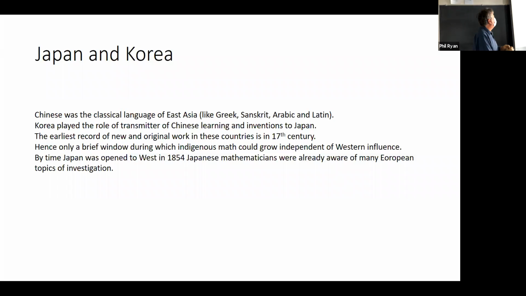A similar thing happened in Japan and Korea, although there, in Japan and Korea, they were strongly influenced by Chinese. So in East Asia, Chinese was like Greek in the Hellenistic world, Sanskrit in India, Arabic in the Islamic world, and Latin in medieval Europe. Chinese was the scholarly language that was used throughout East Asia.